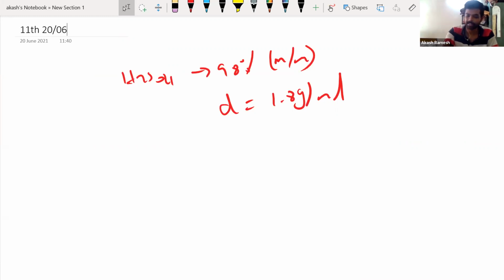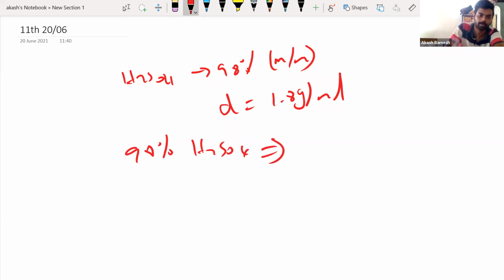Okay. Any answers, guys? Or at least you found out the concepts, how to do it. Right. First things first. Now, when I say 98% H2SO4, what do you mean by this? Tell me first. Sir, the molar mass of that will be 98 grams.